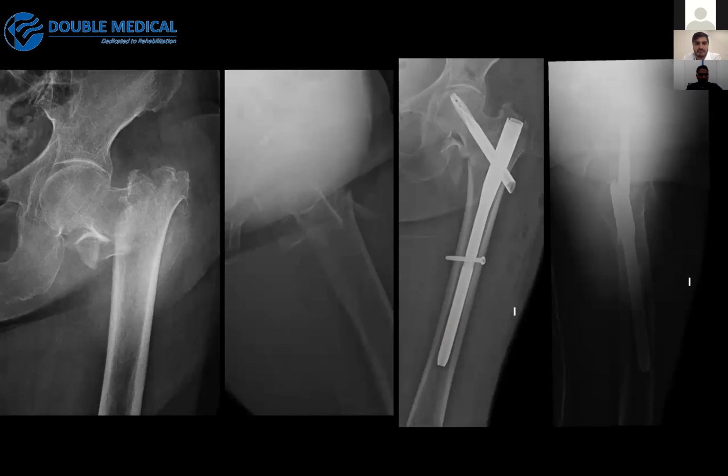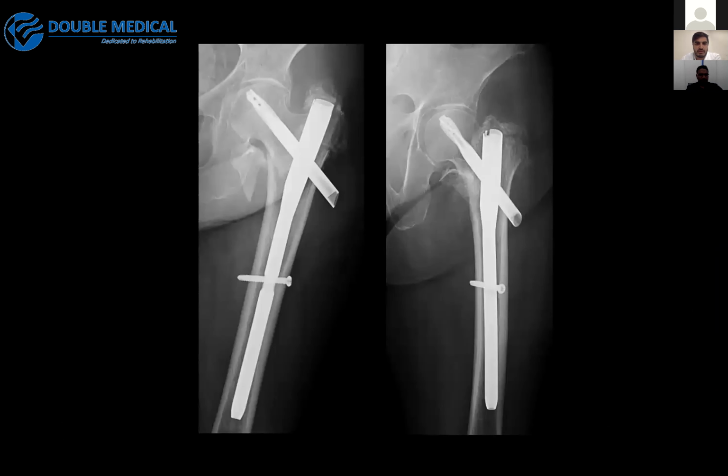Also, this case is a complex fracture because the lateral wall is compromised, with a lot of comminution. We did this reduction. Maybe the helical blade is a little higher in this position, and we also had a failure.